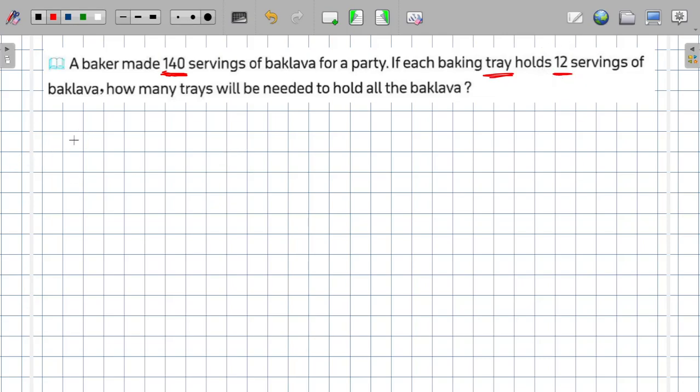Okay, so I will say the number of trays will be 140 divided by the number of servings for every tray, which is 12. So I want to divide these two numbers. Let's try to get the division operation here.